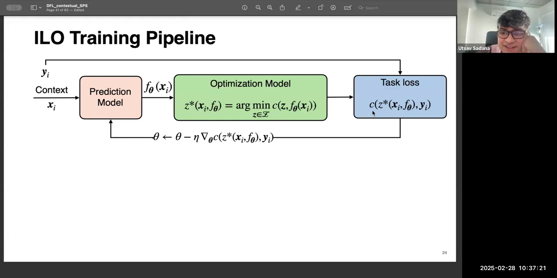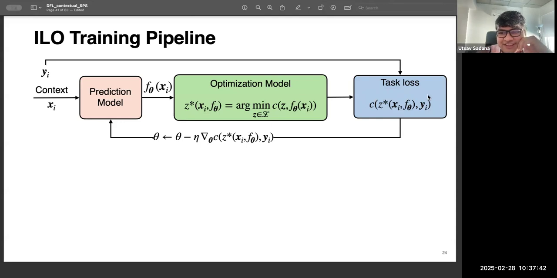Now, the question is how to minimize this cost, right? So you want to learn this theta that minimizes this cost. So you take the gradient of this cost with respect to theta, and then you move in the direction which improves your cost.